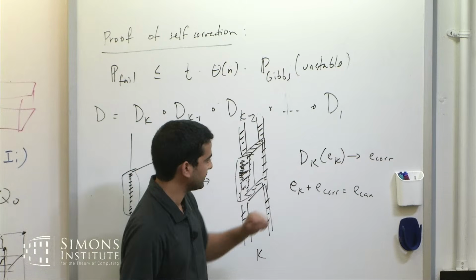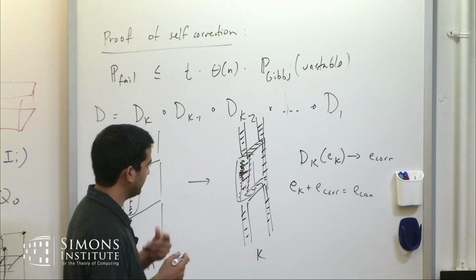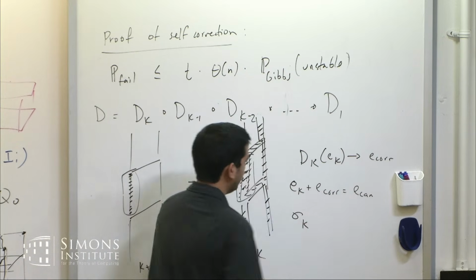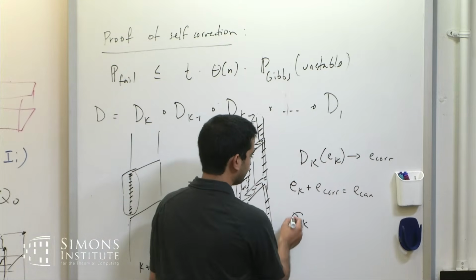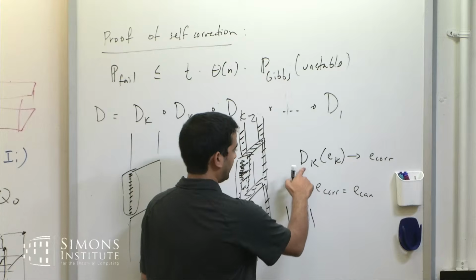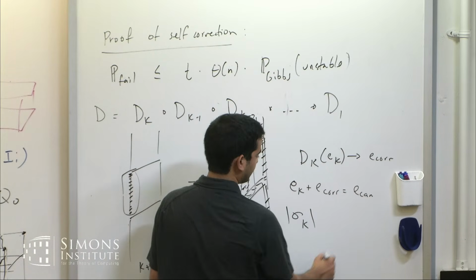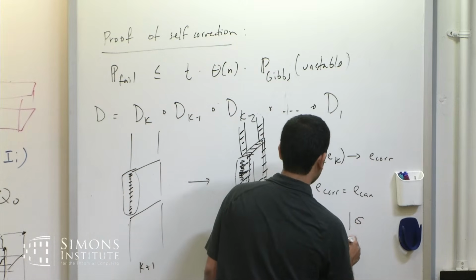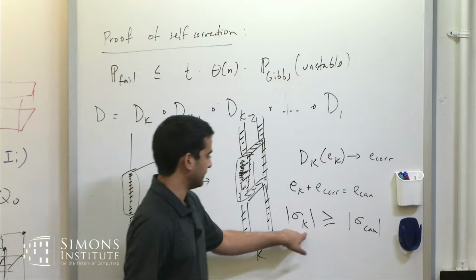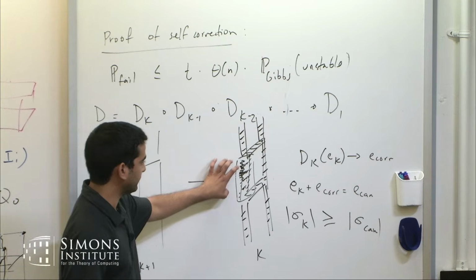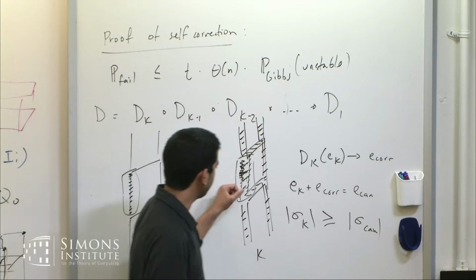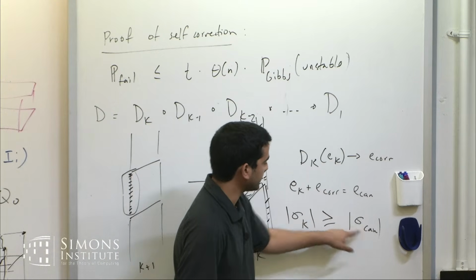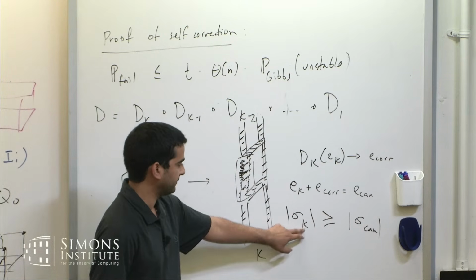And then the decoder has an additional nice property. The property is that if this error had syndrome sigma_k, and the decoder cleaned this up into some canonical error configuration, then the weight of the canonical error configuration is less than that of sigma_k. So there exists a decoder which has this property that it sends an error into some canonical error, and the canonical error always has a weight which is less than or equal to that of this error.